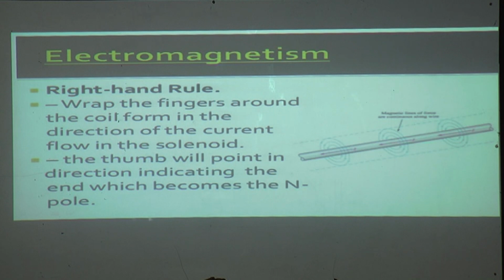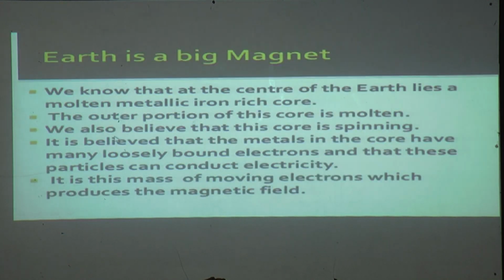Okay, I am going to read it to you, but don't do this activity at your home at all. The thumb will point in the direction indicating the end which becomes the north pole. Okay, so read this activity. Whatever activities are given in your textbook, you only have to read, but don't perform them at your home. Okay, it will be harmful, it will be dangerous to you. So earth is a big magnet.